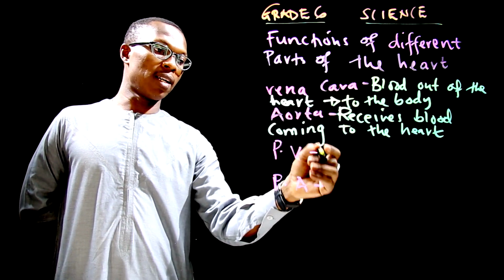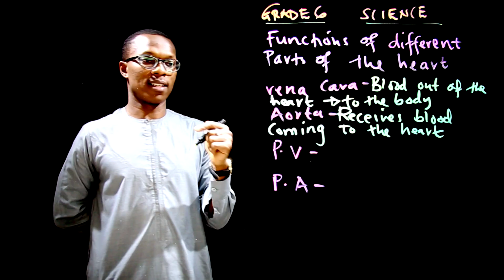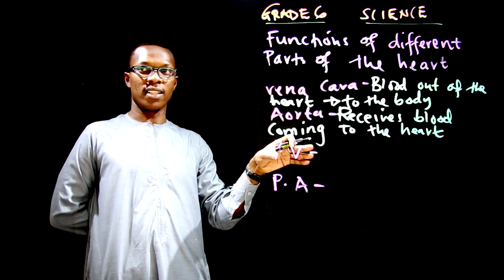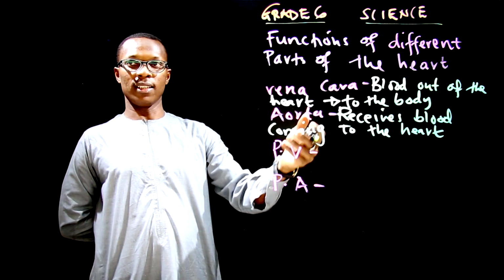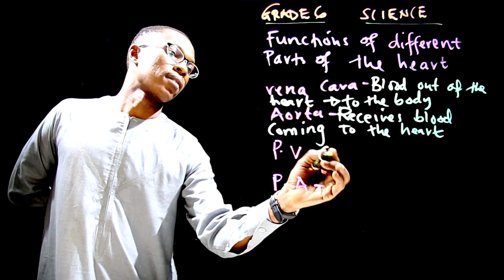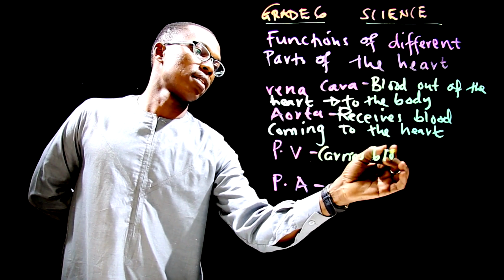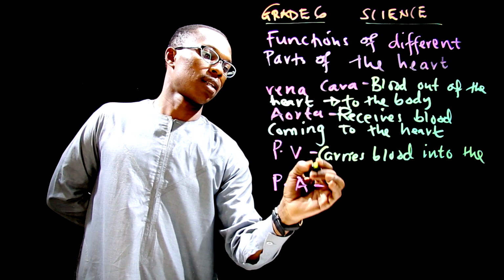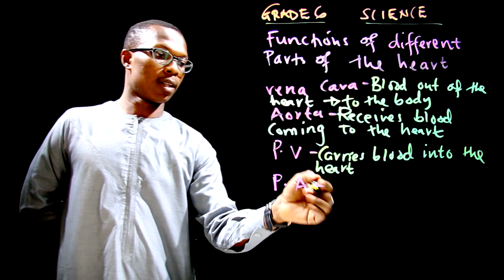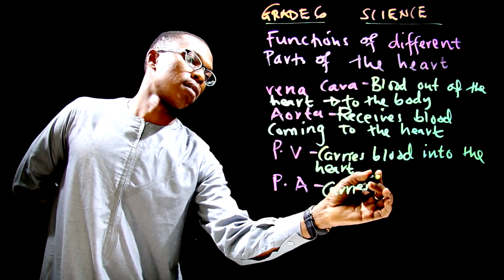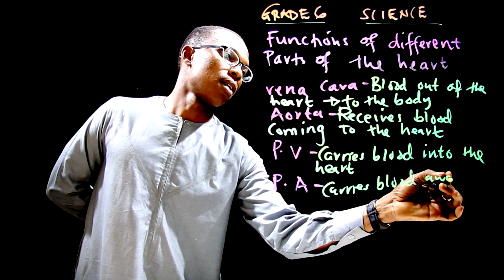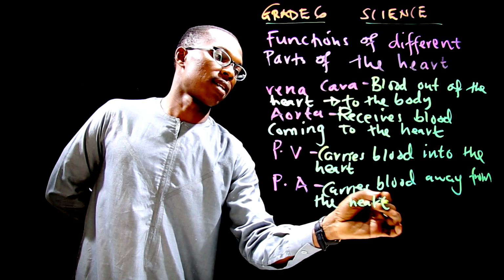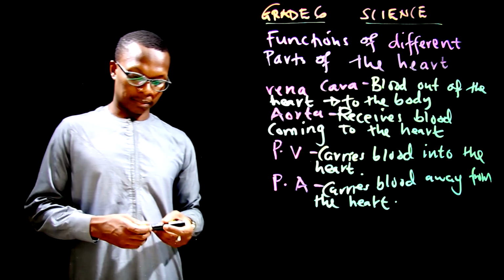I normally tell my learners, just remember: vein in, artery away. So this one carries blood in to the heart, and this one carries blood away from the heart. I hope that's clear, right?